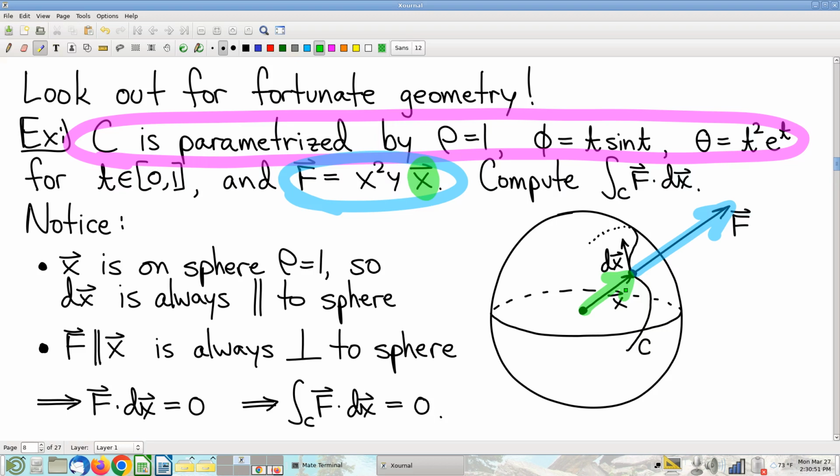That means that my curve is always along this unit sphere. That means that my position vector is always on this unit sphere, and spheres have wonderful geometry. In particular, on a sphere centered at the origin, the position vector is always perpendicular to the surface. This is a unique feature of spheres centered at the origin. The position vector is always perpendicular to the surface itself.